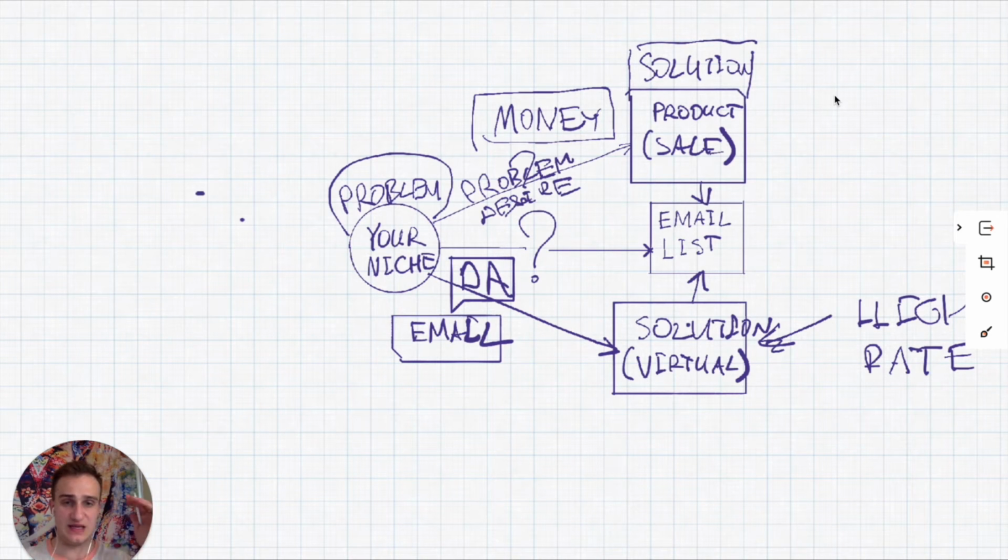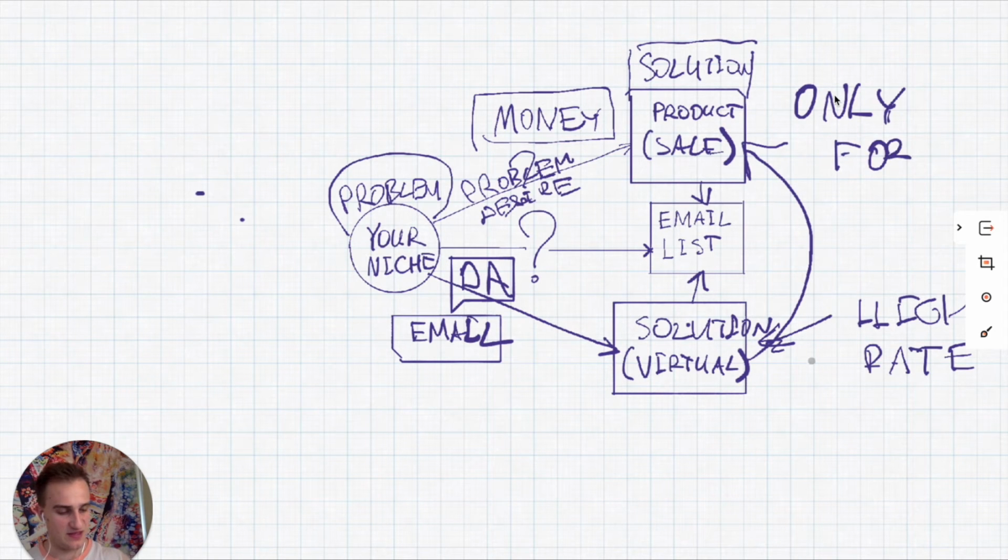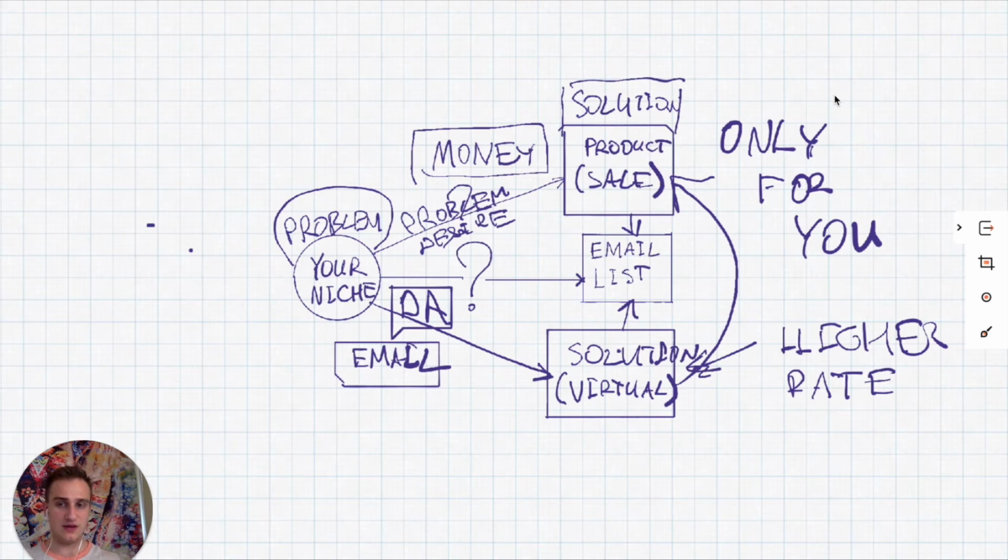And then once they get it, you can make them an additional offer, not an upsell, marketed only for you, right? So they understand that they are really interested in this, and this offer is just for them. And some of them will buy this product, which is going to help cover the cost of advertising.